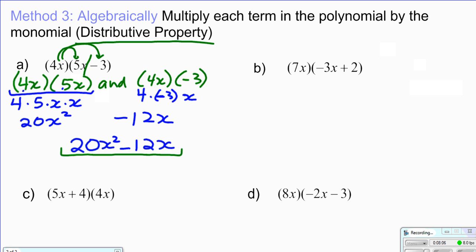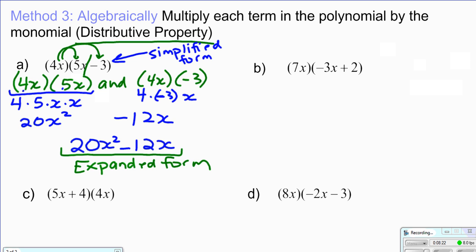Okay? So sometimes when we end up multiplying like this, we create what's called expanded form. And so what we started with is called simplified form. Or you might hear it as factored form.